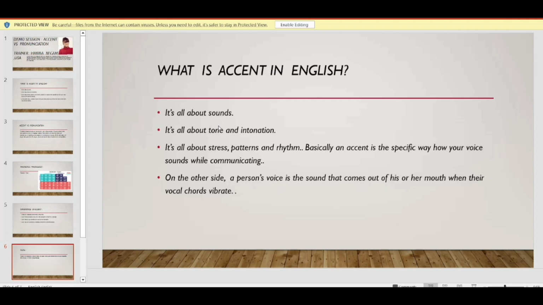Basically, an accent is the specific way your voice sounds while communicating. On the other side, a person's voice is the sound that comes out of his or her mouth when their vocal cords vibrate. So accent is not like pronunciation. It's all about style, intonation, stress, rhythm of our speaking. Understood? Now let's get into the next part.